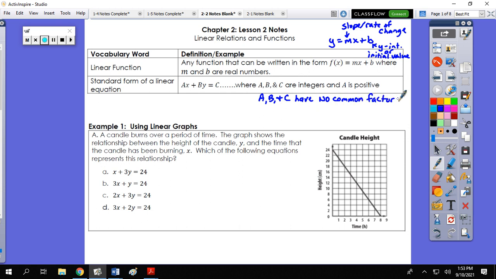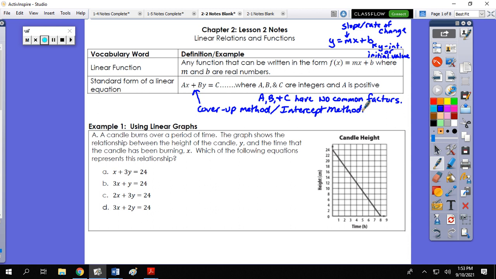If they're all divisible by 2, it should be divided by 2. We used this mostly when we did the cover-up method, also known as the intercept method, to graph. So hopefully those things at least look familiar to you. We'll use them as we go here.